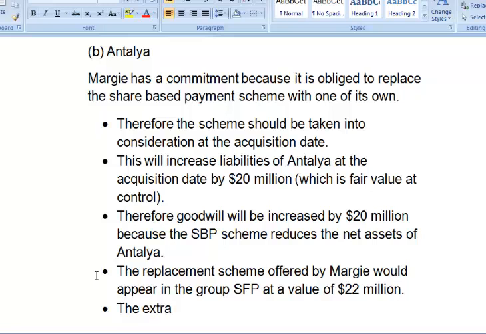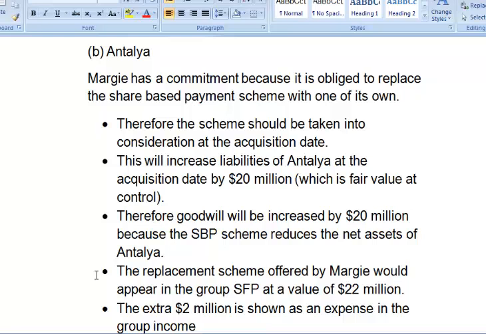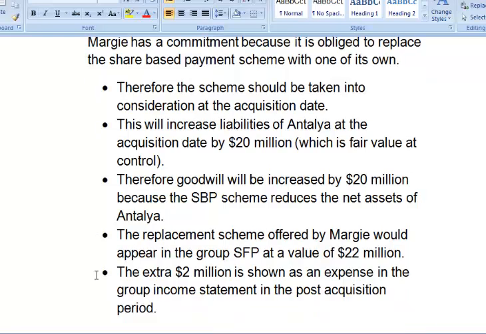The extra $2 million is shown as an expense in the group income statement in the post-acquisition period.